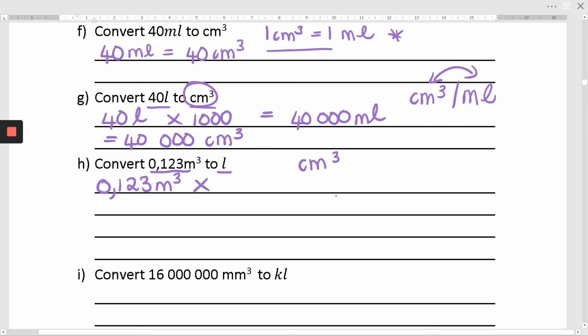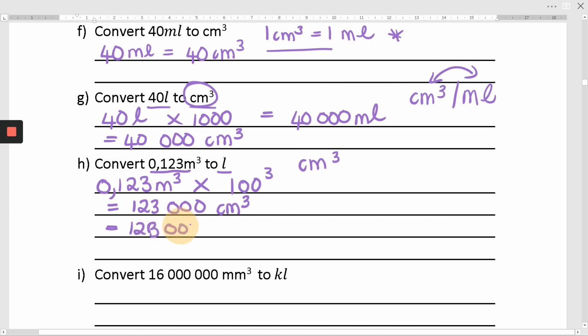We would times by 100. So what we're going to do now is times by 100 3 times. This will give me 123,000 cubic centimeters.